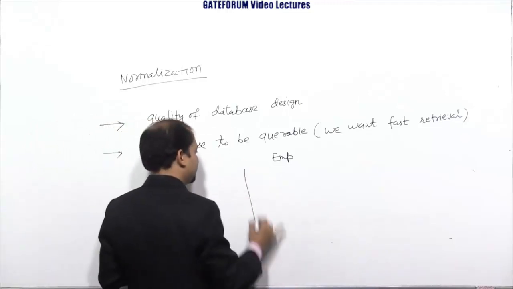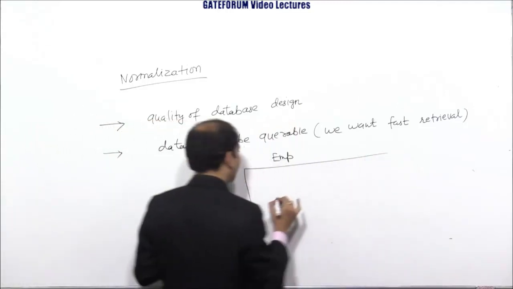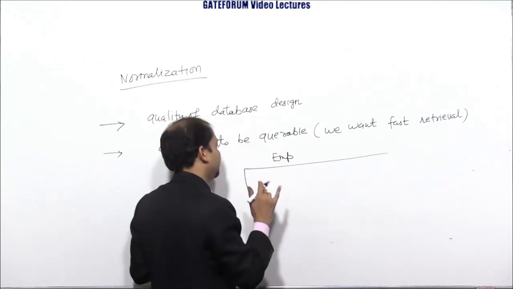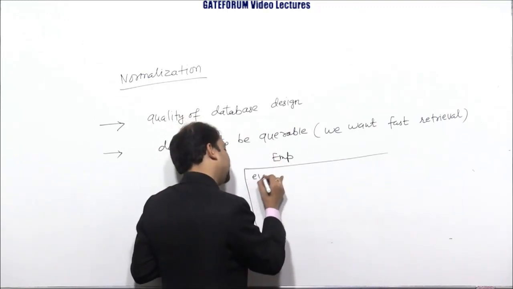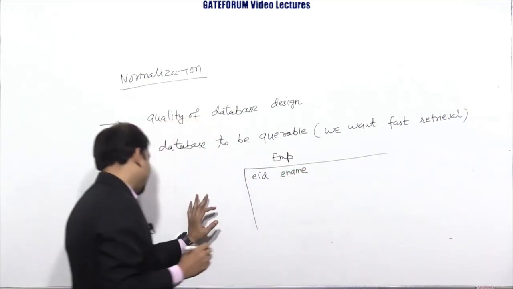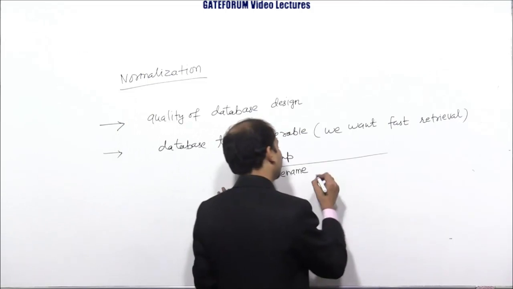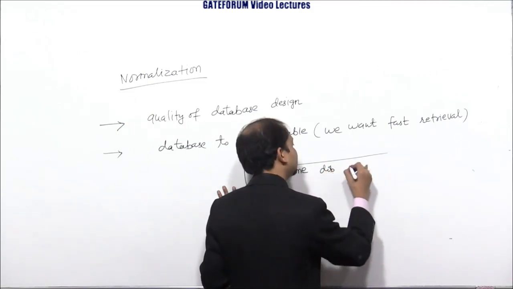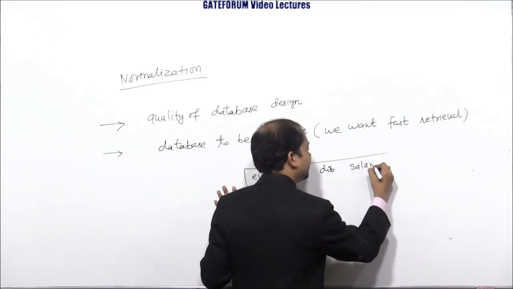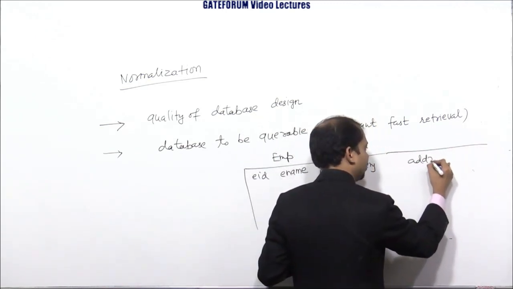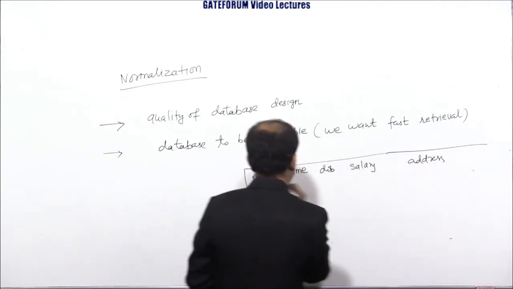So let me put columns like this: employee ID, employee name, date of birth, salary, so many things, designation. Now we have one more column as address.